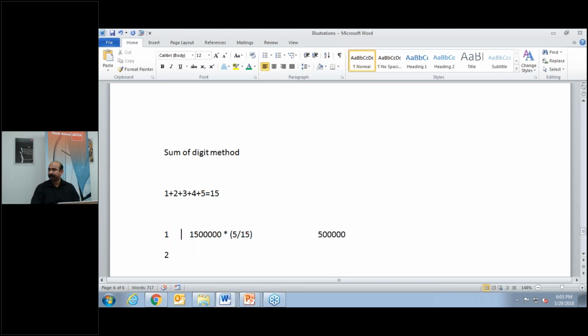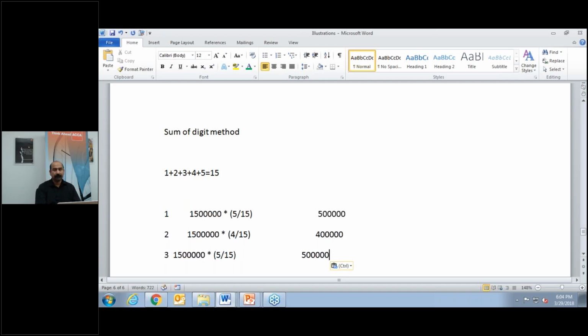Second year depreciation will be the same, but this becomes 4. In the third year we shall change this figure to 3, and this will give us 300,000.